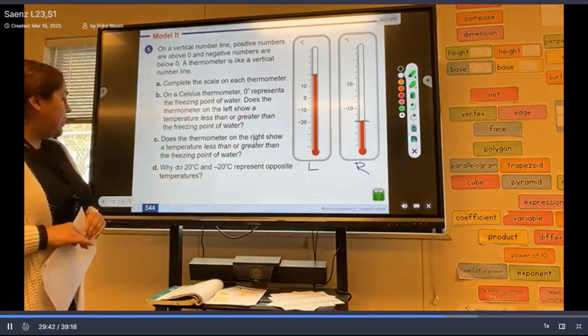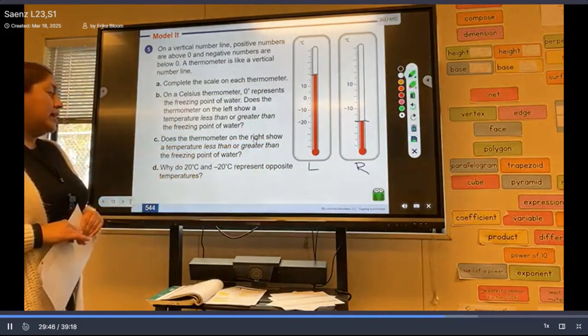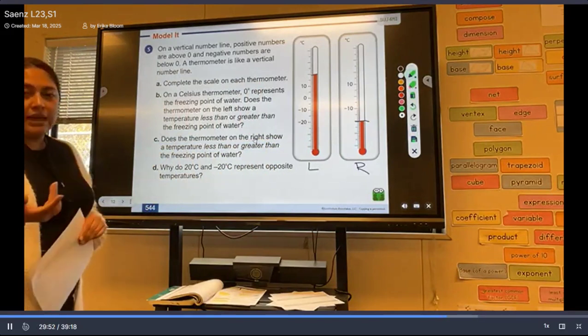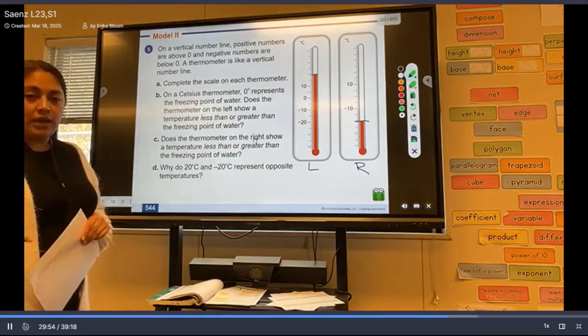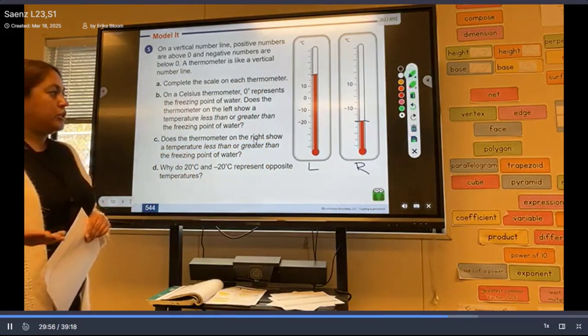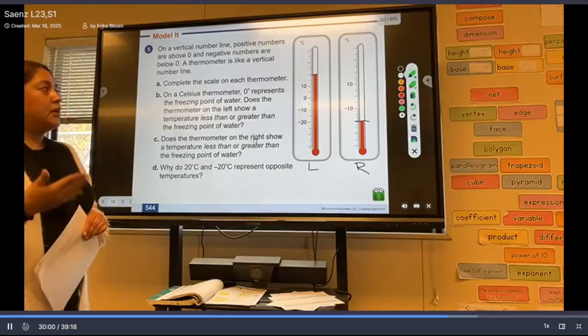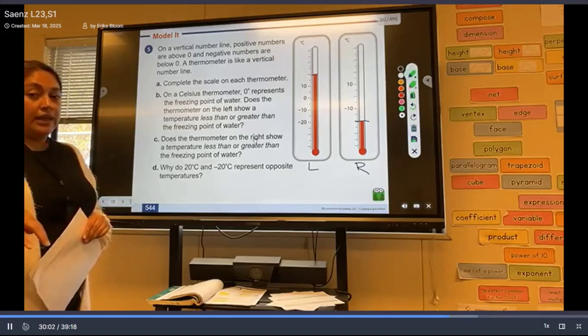Finally, it states, why do 20 degrees Celsius and negative 20 degrees Celsius represent opposite temperatures? It should be 2 to 4 sentences to answer this question. Use what you already know from previous learning experiences and what you're learning now.